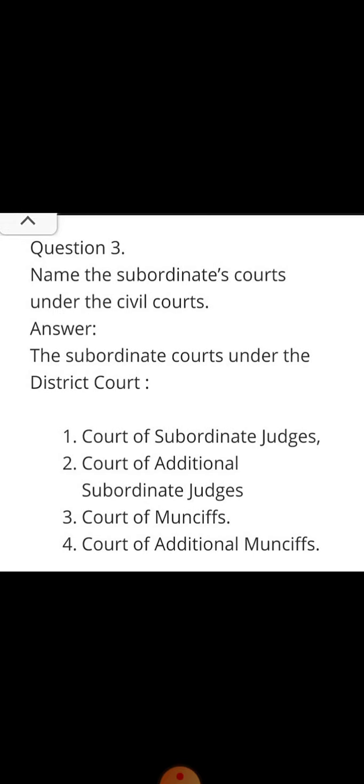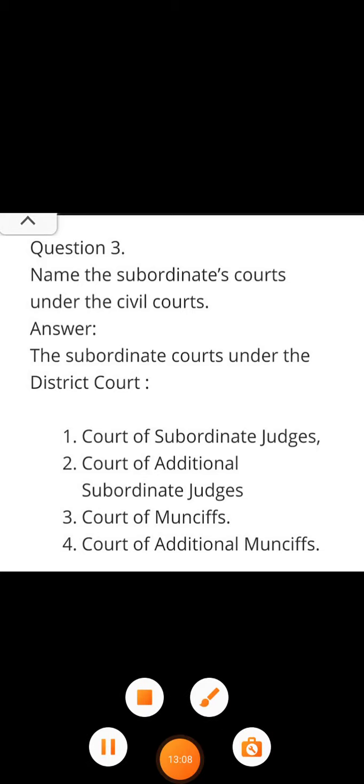Next we also talked about some important subordinate courts which work under the civil courts. The important names are Court of Subordinate Judges, Court of Additional Subordinate Judges, Court of Munsifs, Court of Additional Munsifs.